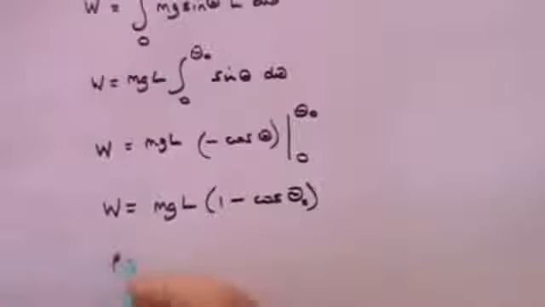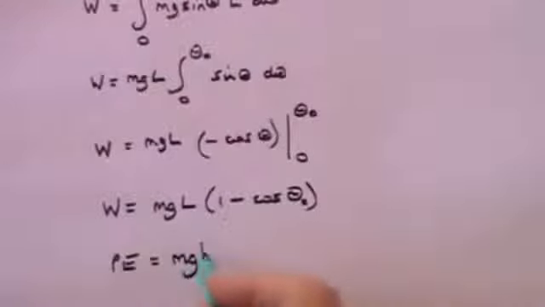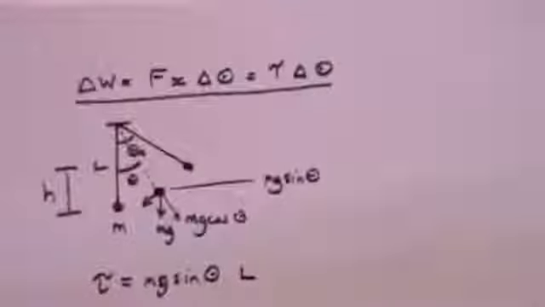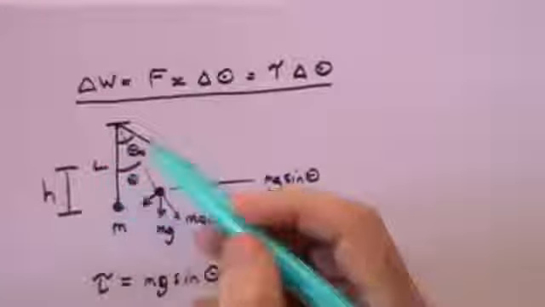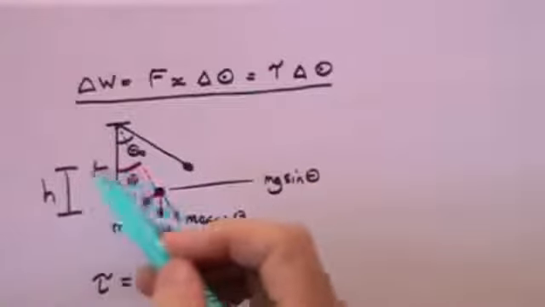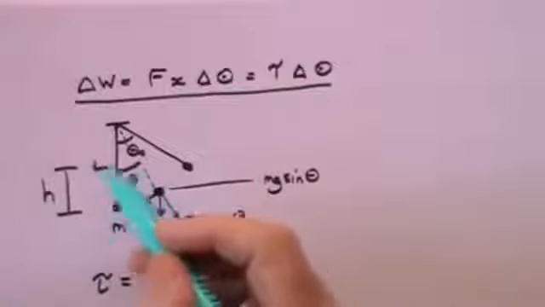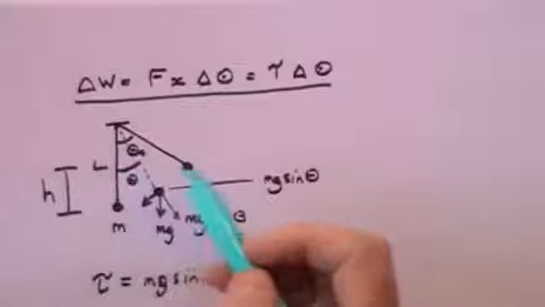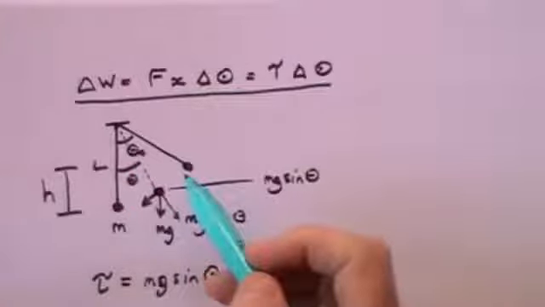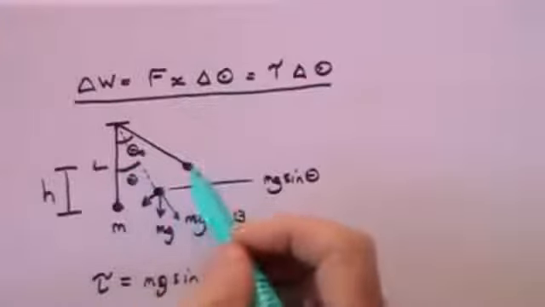The potential energy that that mass now has, or the increase in potential energy to be precise, is mgh. And that's going to be mg into, well, what is h? H is the length of the rod minus this bit of the rod. And that bit of the rod is L times the cosine of the angle theta naught.